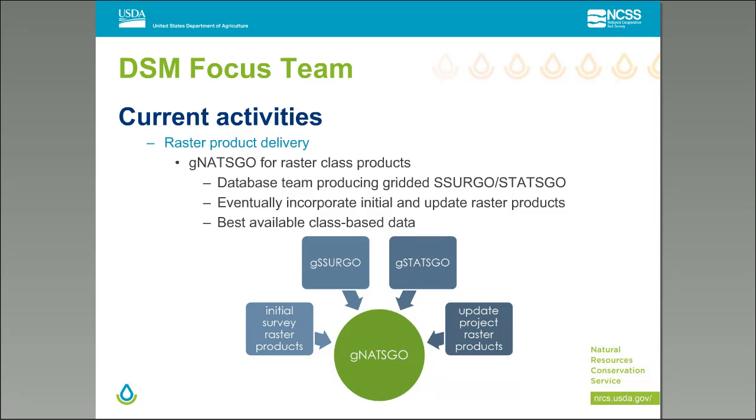What we envision for this is that this could be the container for the Raster soil surveys that we produce. Our update projects and our initial soil survey projects could just be plugged into this existing structure of the gNATSGO and replace whatever data would currently be there, either SSURGO or STATSGO.